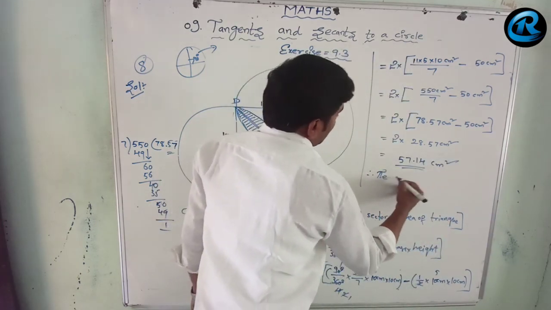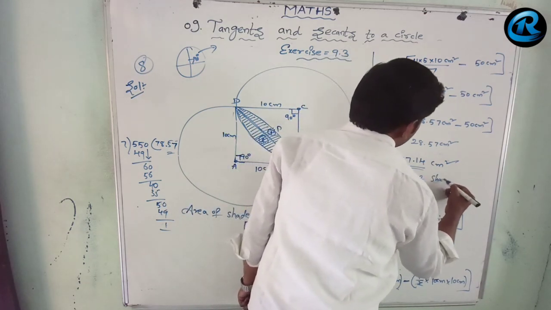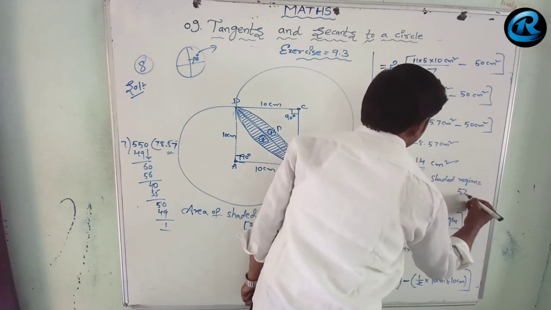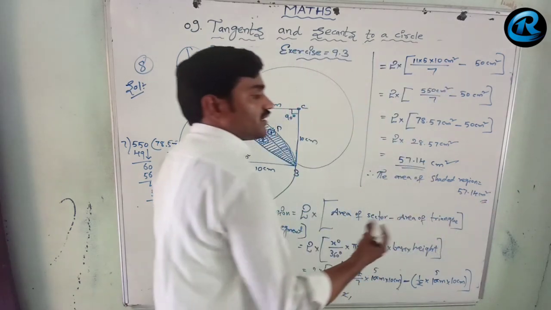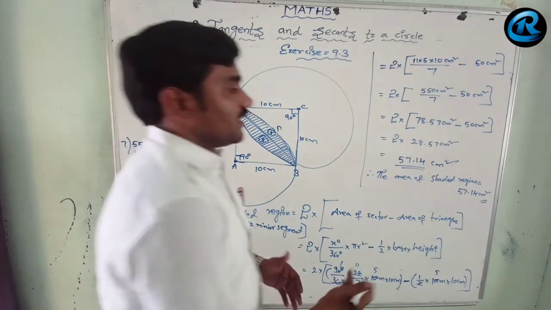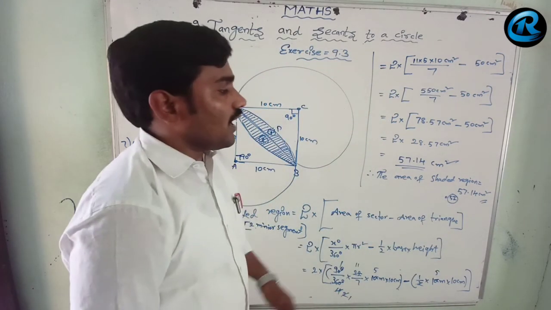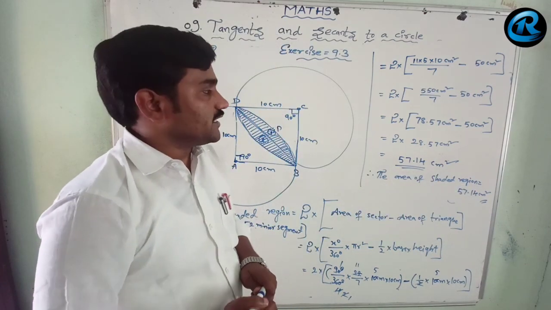Therefore the area of shaded region is equal to 57.14 centimeter squared, or 57 only. It will be similar to 57, but you write definitely 57.14 centimeter squared.